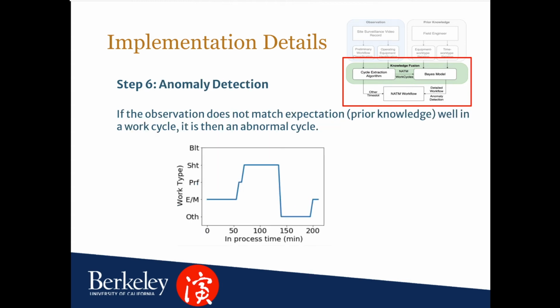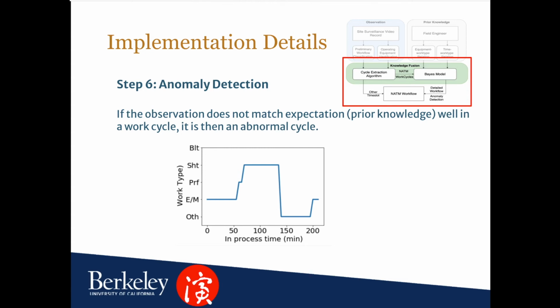The last step is to do anomaly detection. So we want to find all the abnormally behaved cycles. And what is an abnormal cycle? If the observation does not match expectation well in a work cycle, then it is an abnormal cycle, which is shown by this figure.